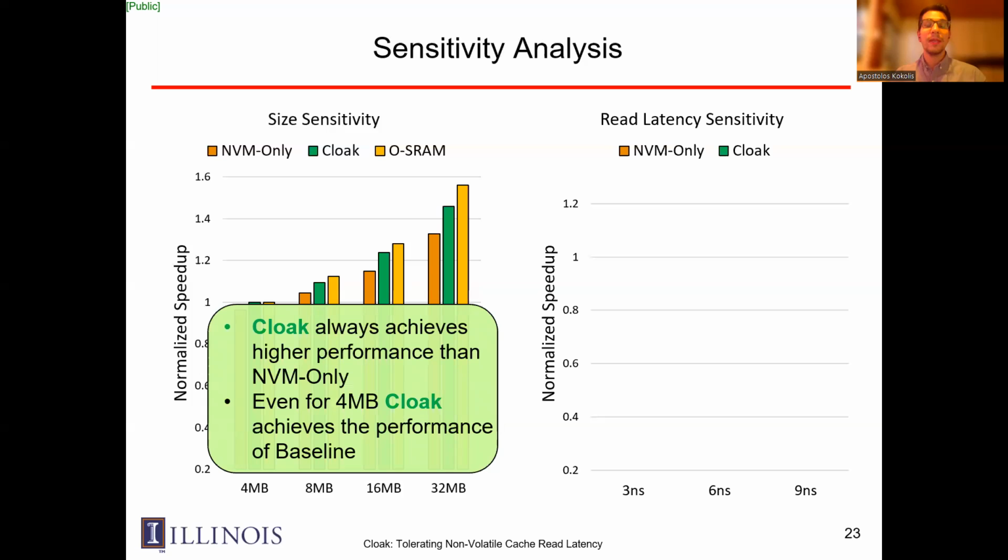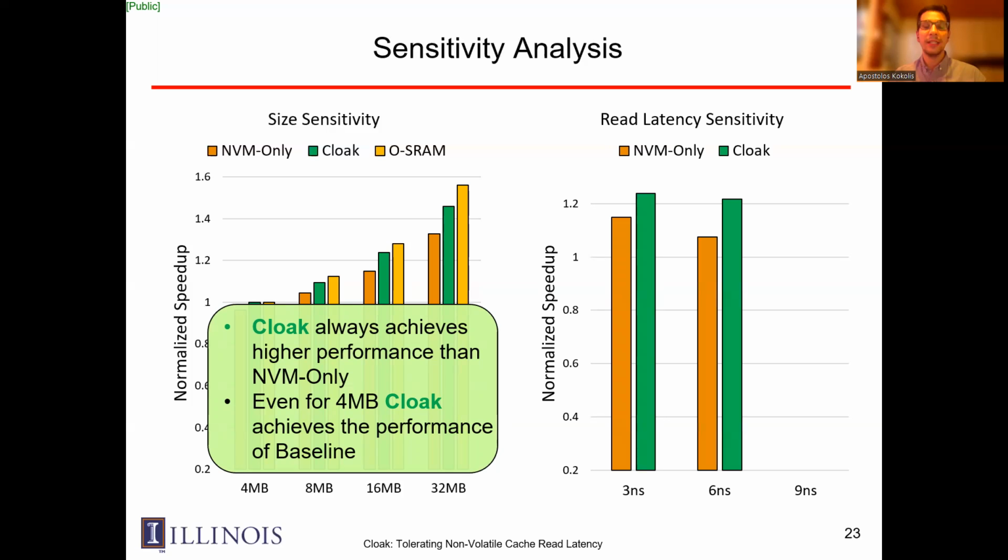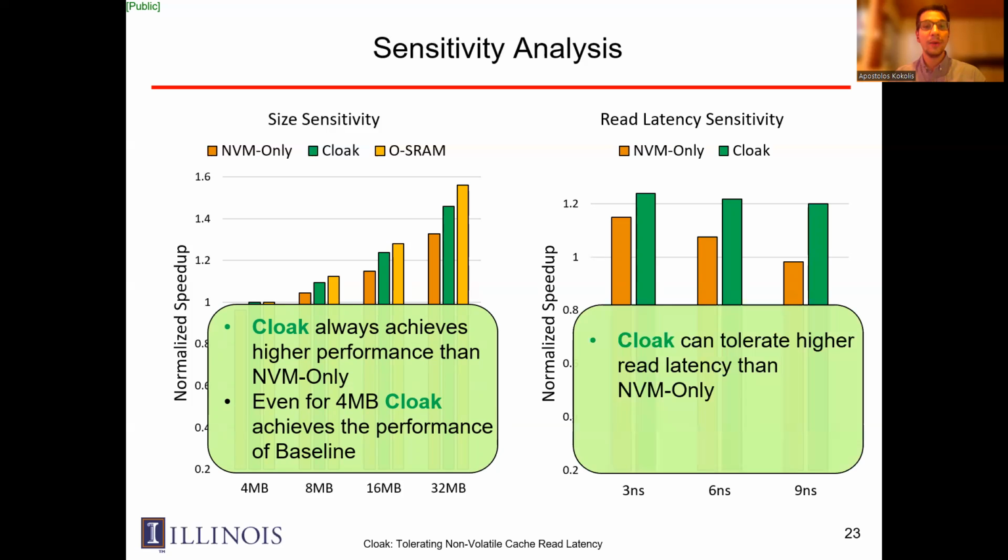We also perform a sensitivity analysis with different latencies. We have 3 nanosecond read latency, which is the same as the one we used so far, 6 nanosecond latency for reads, and 9 nanosecond latency. We see that Cloak is able to tolerate the higher read latency, especially when compared to NVM-Only, that for 9 nanoseconds is slower than the baseline, even though it has much higher capacity.